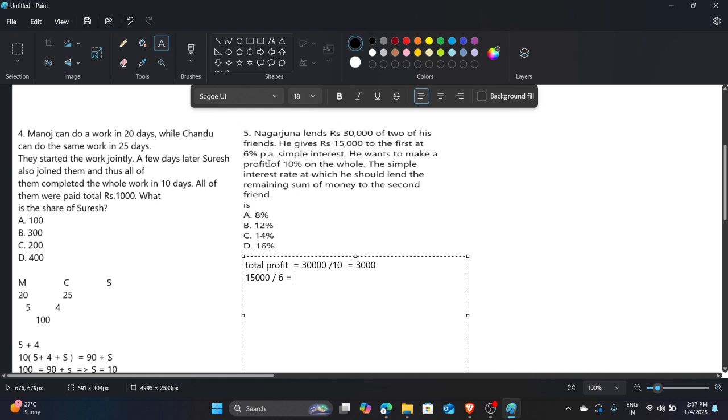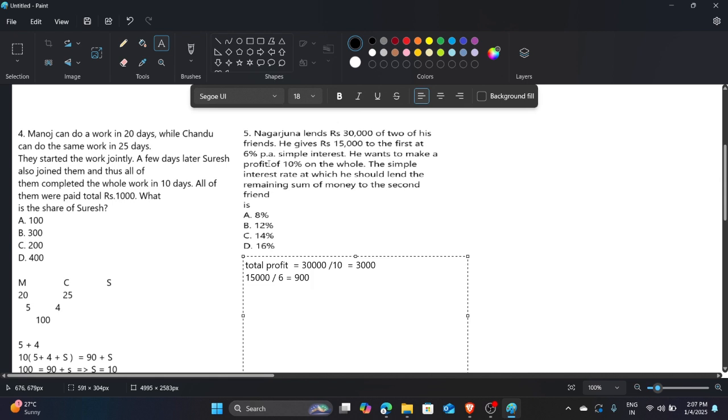The 10% is 1,500. So 50 is the 5%, and 750 plus 150 is 900. So this is the value of 6%, 900.